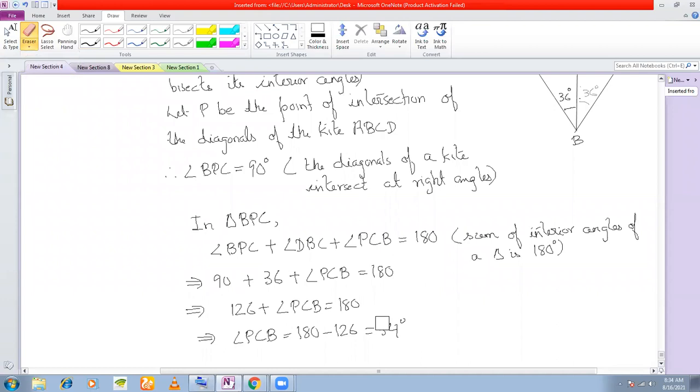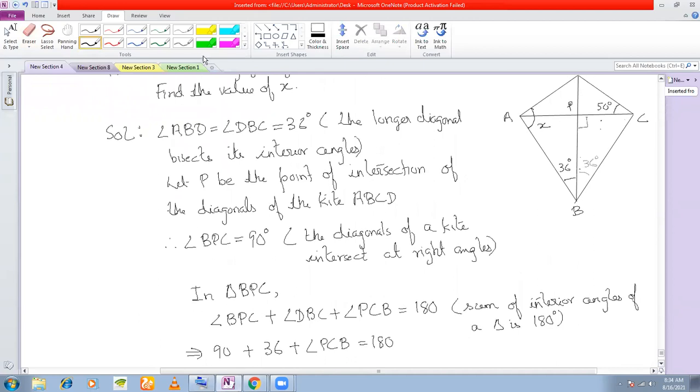Let me write separately so that you can understand. Angle PCB is equal to 54 degree. Now we have found out this angle, so let's write 54 degree very lightly with a pencil. So now one angle is 50. What is angle C then?